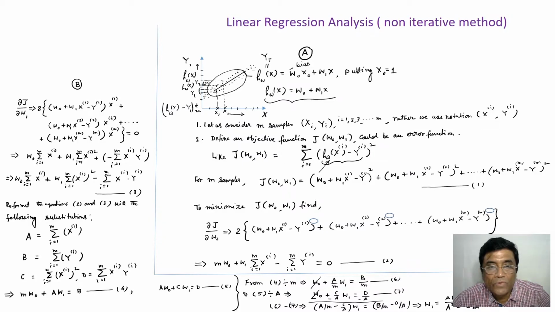Because h1 was bigger than the actual ground truth. Here, the actual or ground truth is bigger than your predicted value. So for x2, this is negative. So you see, sometimes the predicted value is more than the ground truth, sometimes the predicted value is less than the ground truth, right?